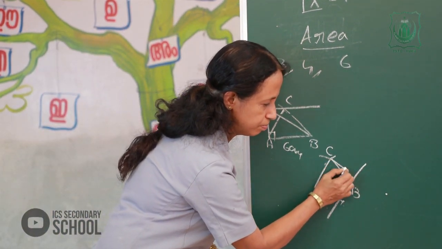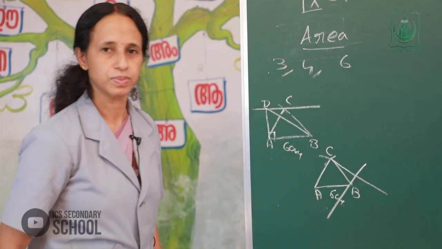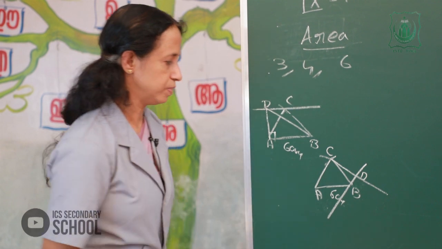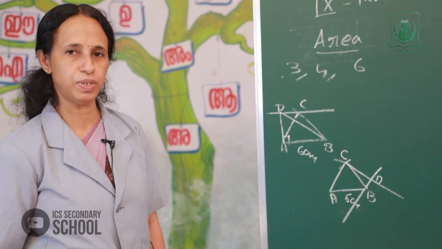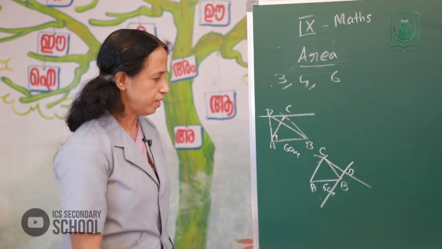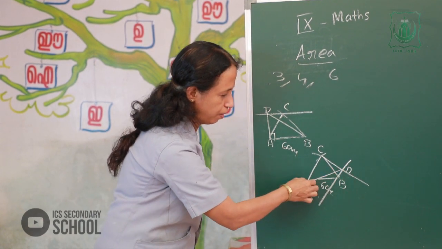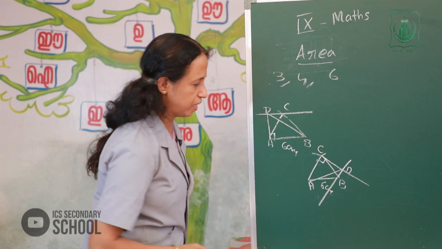Connect C to D, and join D to A. Here a right triangle is formed.